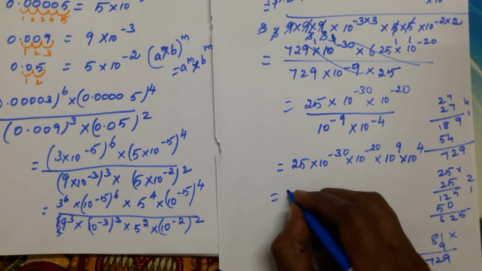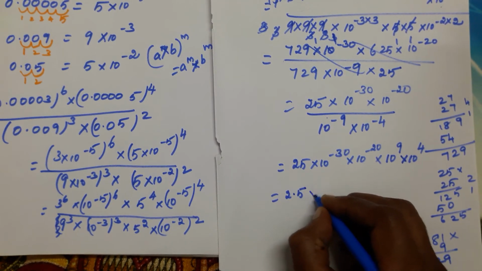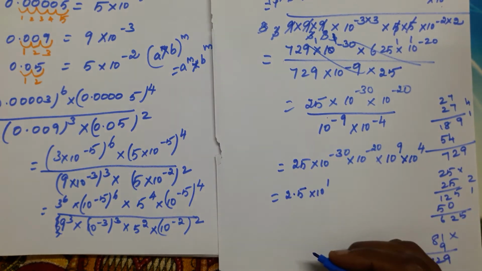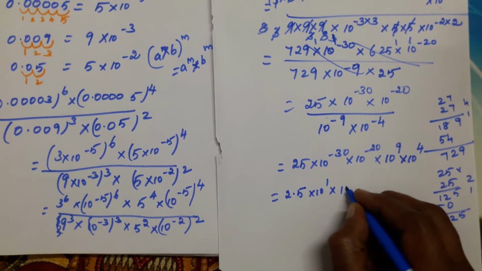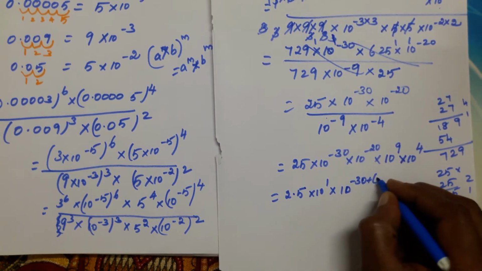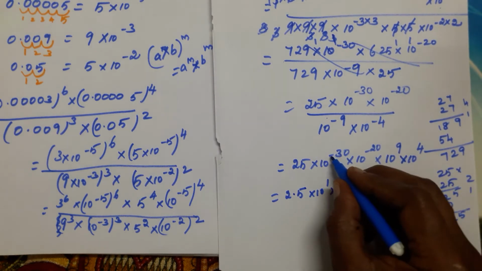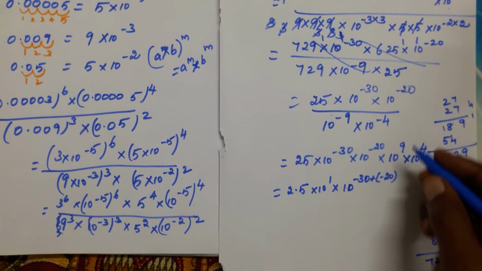So it is equal to 25. We can write 2.5 into 10 power 1. Next this one, 10 power minus 30 plus minus 20. Next a power m into a power n is equal to a power m plus n.